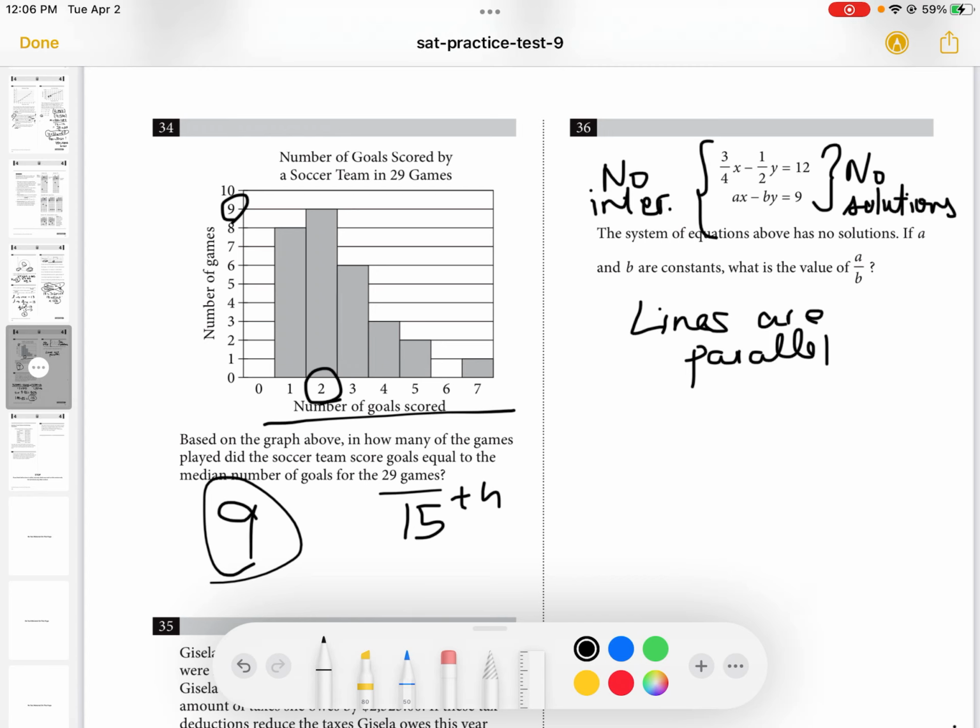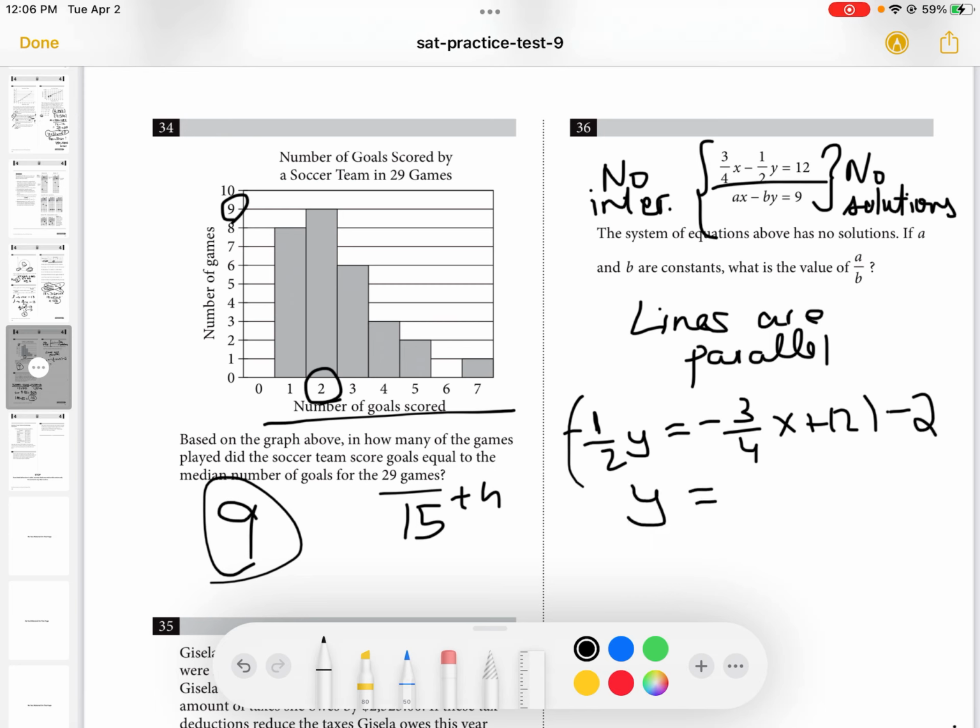So let's write each equation in slope-intercept form to find the slope. It'll be negative 1/2 y is equal to negative 3/4 x plus 12. When we multiply everything by negative 2, we get y is equal to 3/2 x minus 24, if I'm correct.